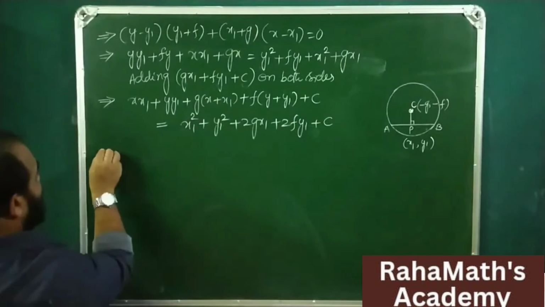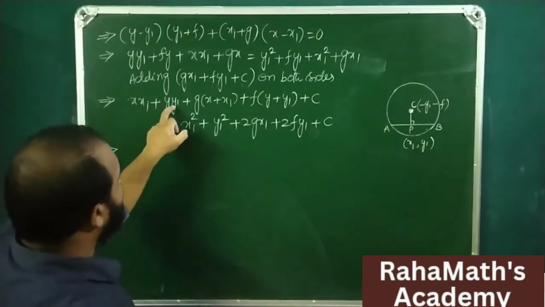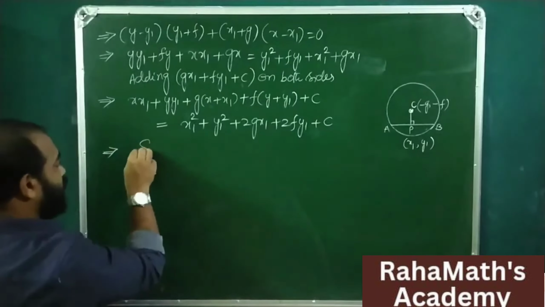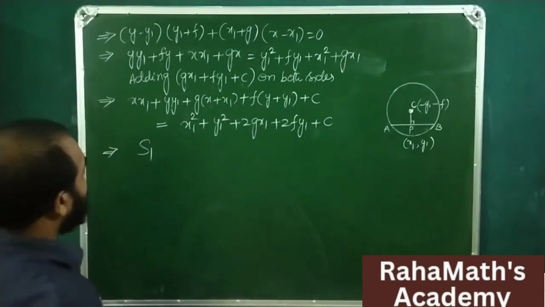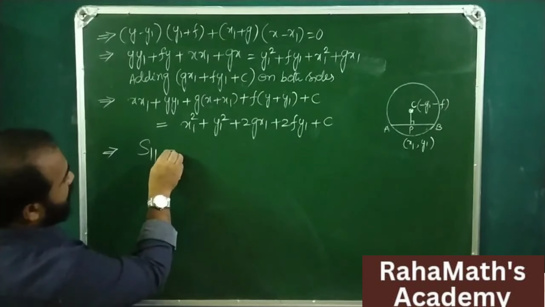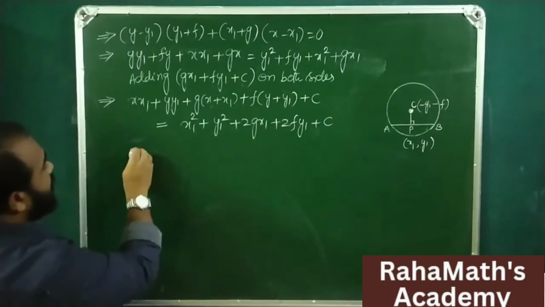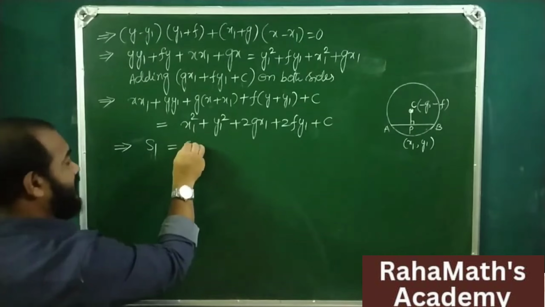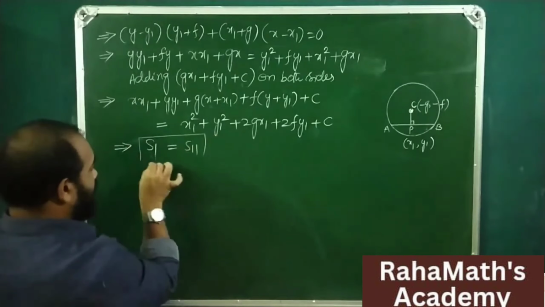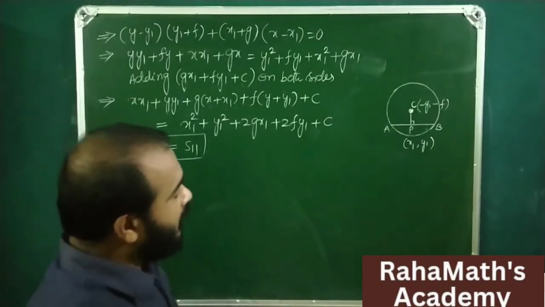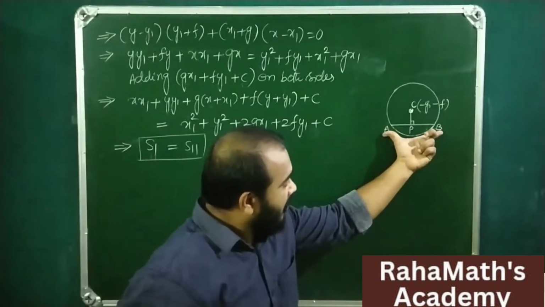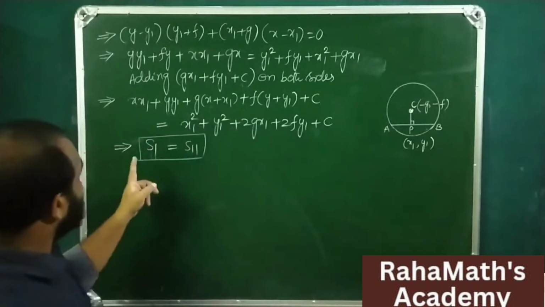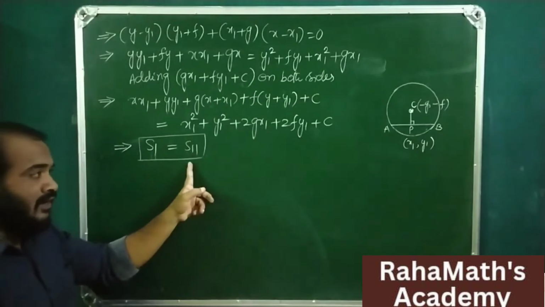So now what is this? xx1 plus yy1 plus g into x plus x1 plus f into y plus y1 plus c, this is S1. And this is S11. Therefore, the equation of the chord with midpoint P(x1, y1) is given by S1 equals S11.